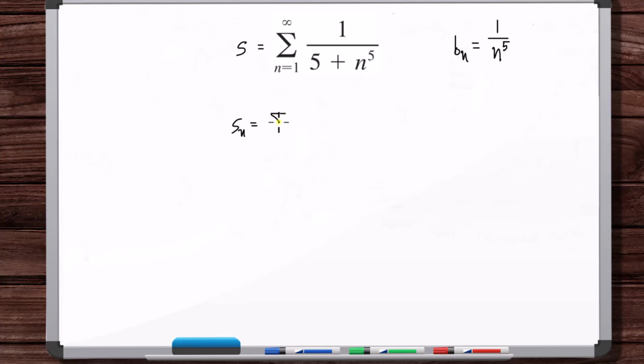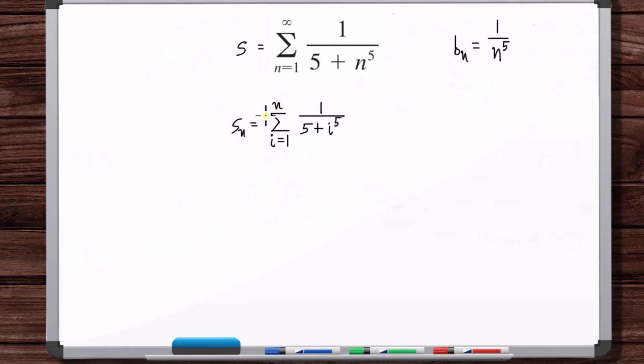We can't get the formula for it, but we have the a sub n here.